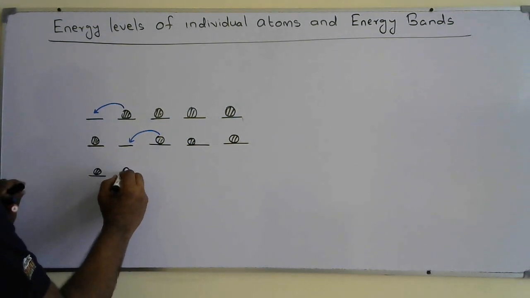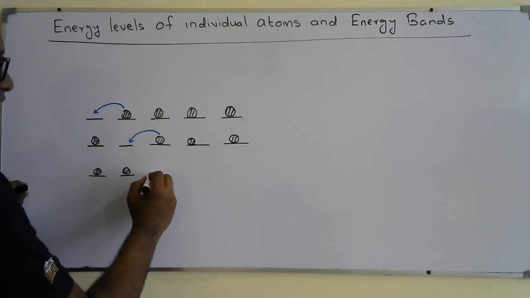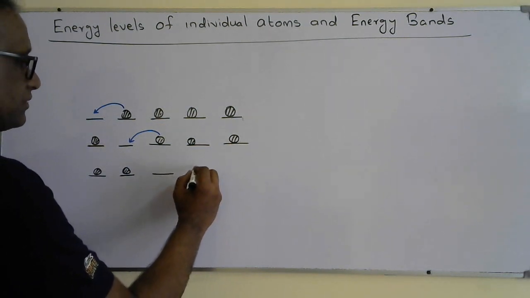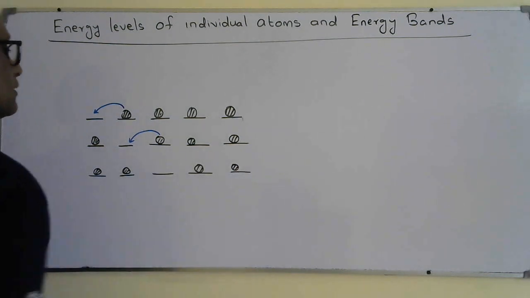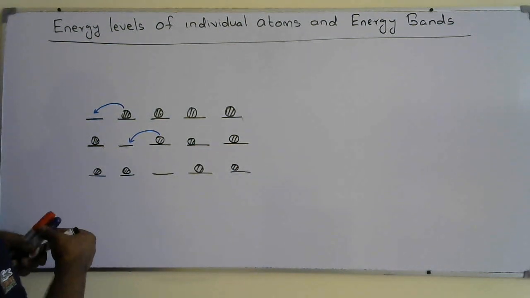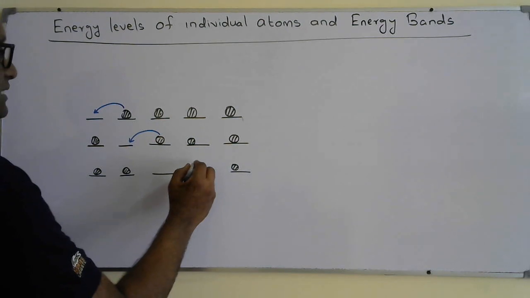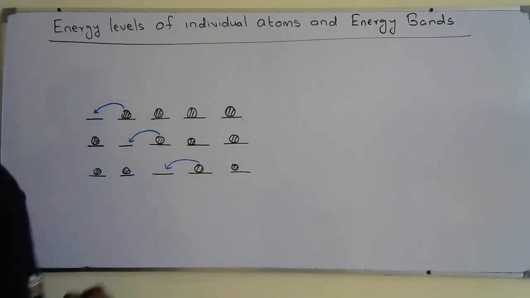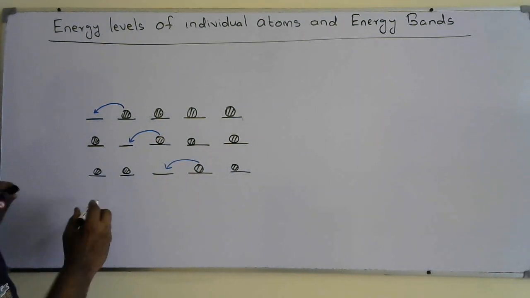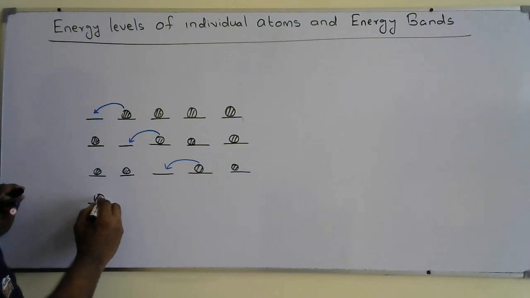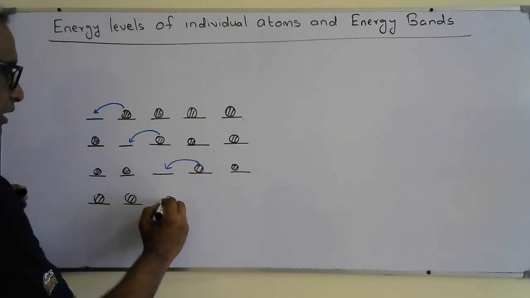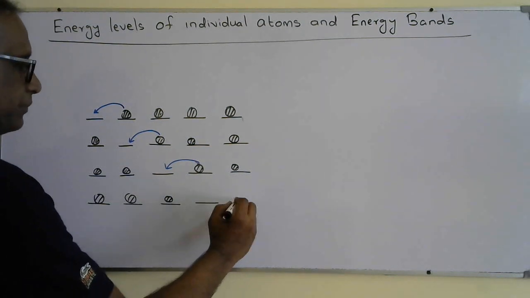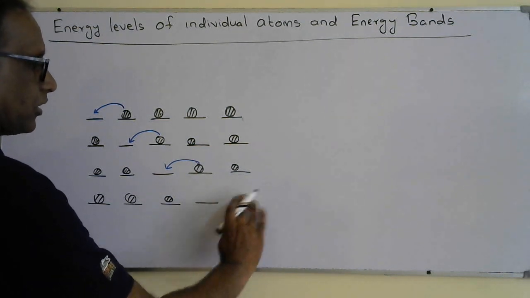This will gain this ball, but this one will become empty. Now think about this ball moving to this plate. Same thing again. This is gaining a ball, right? And here this becomes empty.